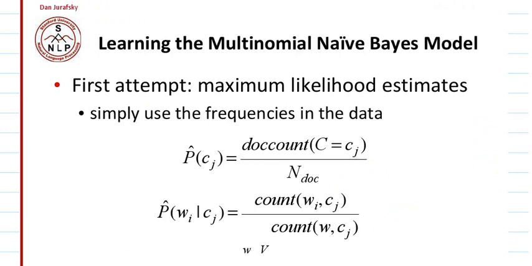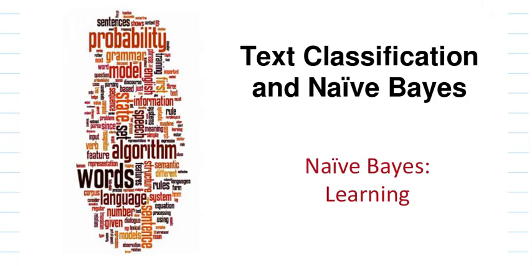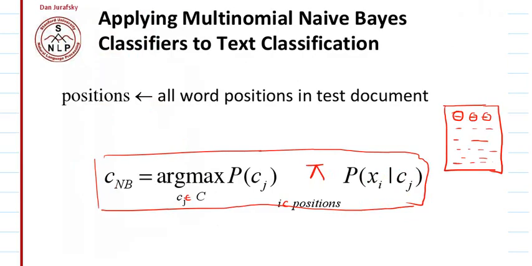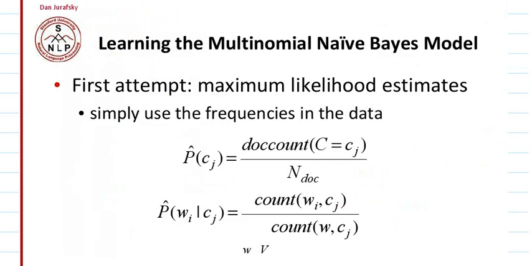So let's see in much more detail how we realize this formula. We need to calculate this P of xi given cj for all the words that are present in the document. So how do we calculate this P of xi given cj? P of cj is actually the probability of class.